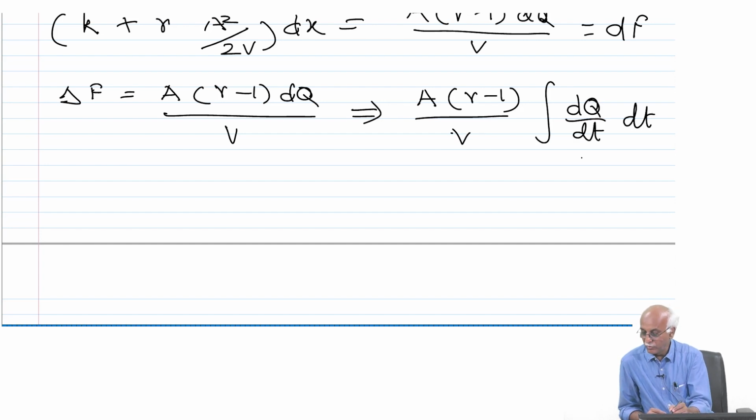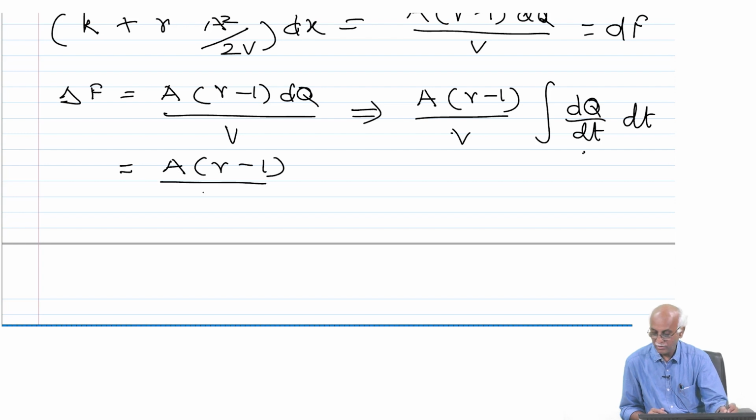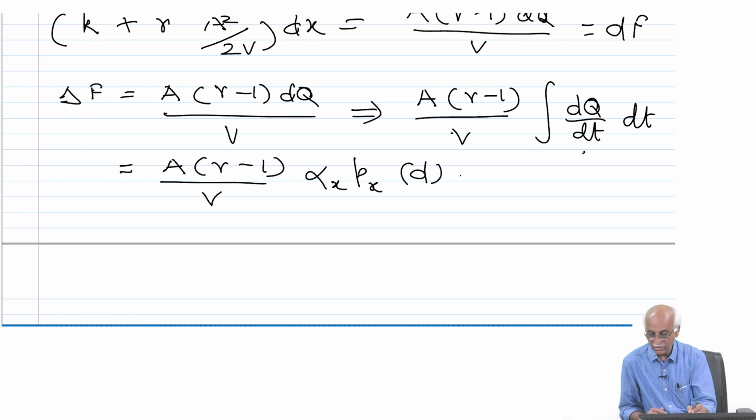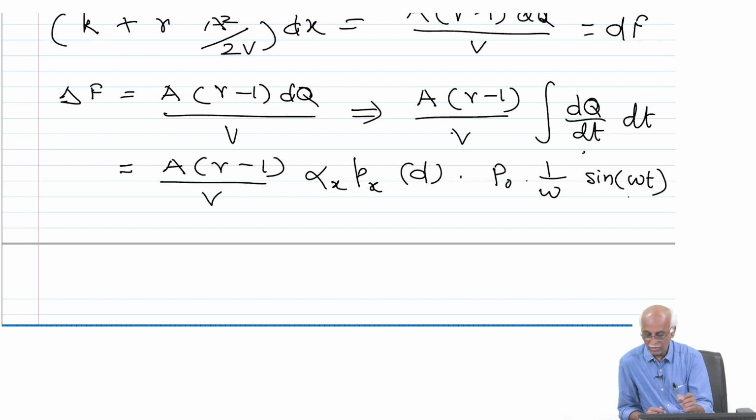We know what dQ by dt is, which is based on the heat generated due to the absorption by the molecules. We already know this form, so we can substitute it here. So delta F can be represented by (gamma minus 1) by V alpha x P x into dP0 omega sine omega t.